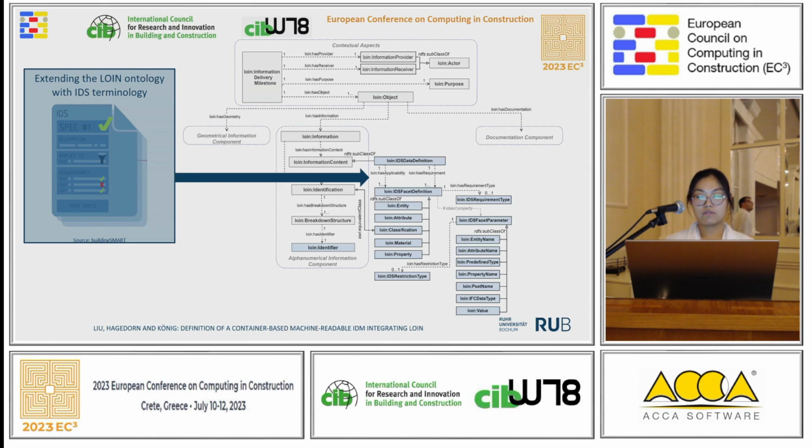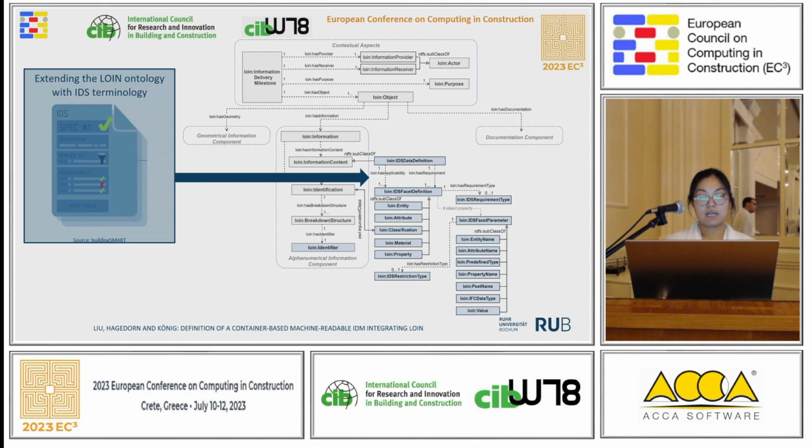Related to the facet definition, different parameters are used to specify the information of each facet instance. The parameters are modeled in the associated ontology classes as subclasses of the IDS facet parameter. In addition, the restriction type class for the parameter can declare whether a parameter formulation is a simple value or uses a complex restriction pattern.